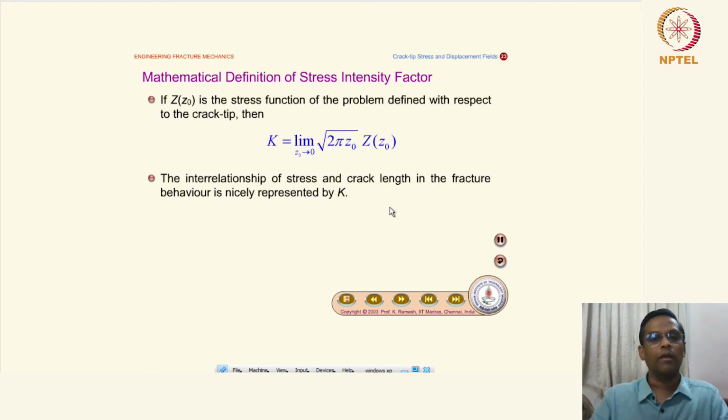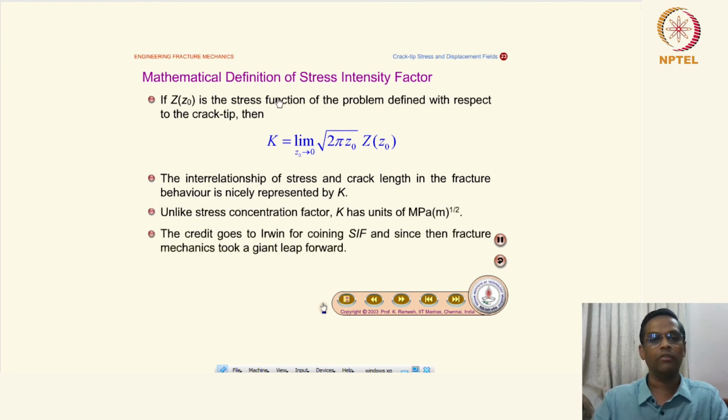And now we can look at the mathematical definition of the stress intensity factor. If capital Z as a function of small z is the stress function of the problem defined with respect to the crack tip, then K is equal to the limit as z0 tends to 0 of square root of 2 pi z0 into capital Z as a function of z0.